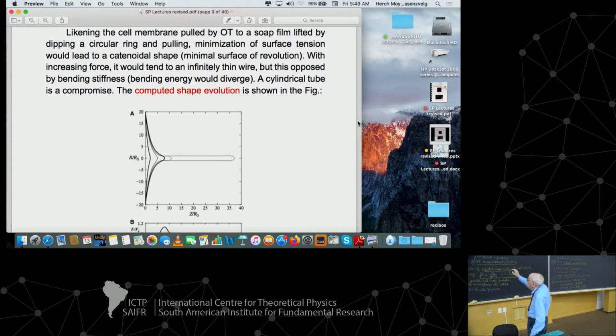So as you are pulling, it evolves, and it begins like a sort of catenoidal shape, but finally, at some point, this makes a kind of bifurcation to a cylindrical tube. And that's the final shape for the tether.